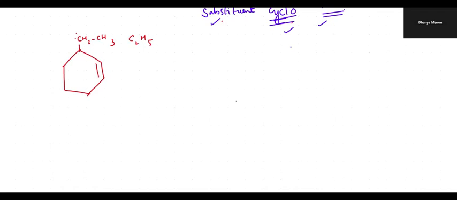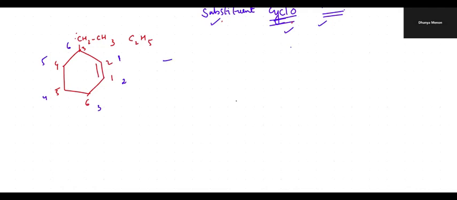The numbering, definitely if you number from here, you will get 1, 2, 3, 4, 5, 6, right? You will not number from here as 1. If you number here 1, it will get second position, 3, 4, 5, 6. So which is better?